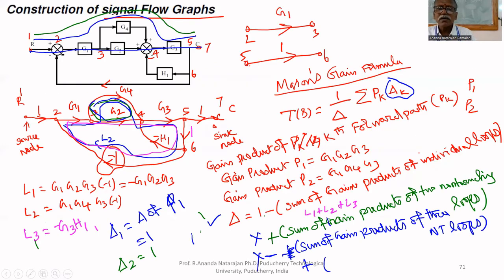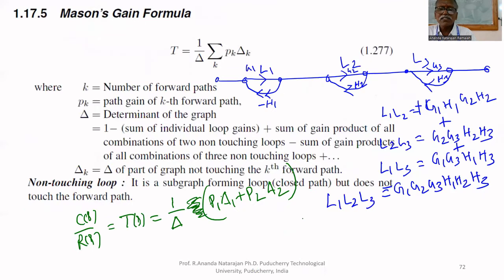What is P1? G1 G2 G3. What is P2? G1 G4 G3. What is delta 1? 1. What is delta 2? 1. And delta equals 1 minus L1 plus L2 plus L3. So we can substitute here and you will get the transfer function.